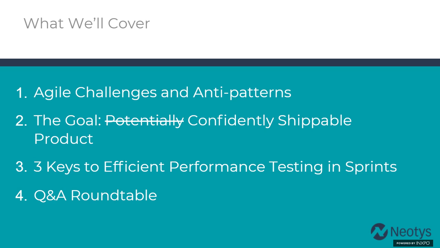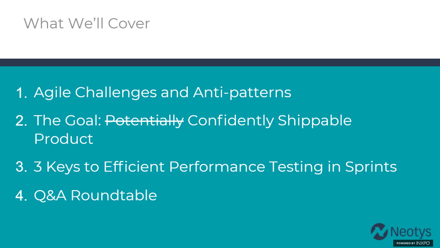So what I want to cover today is from an Agile perspective. My background is in Agile and DevOps, and I do some advisement there now outside my day job. What we'll cover today is a few Agile challenges, and I'd like to paint a picture of how I see what's going on here, particularly in performance, which also includes anti-patterns.